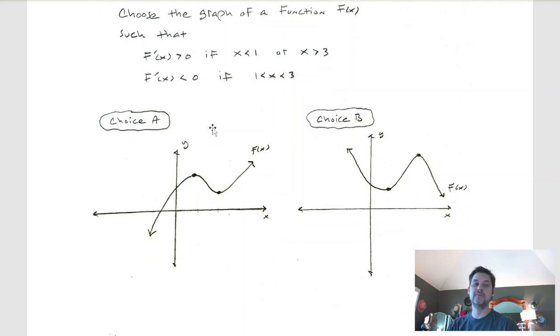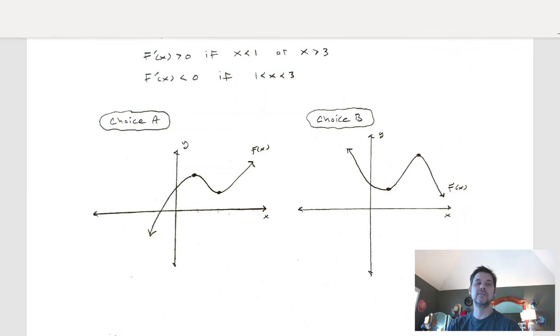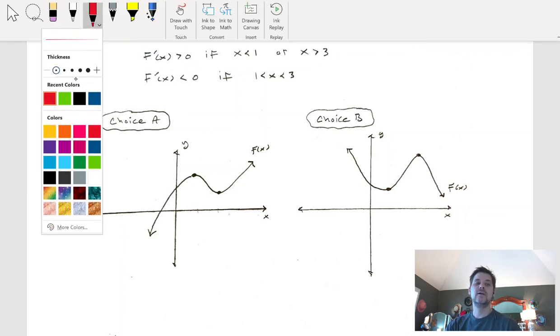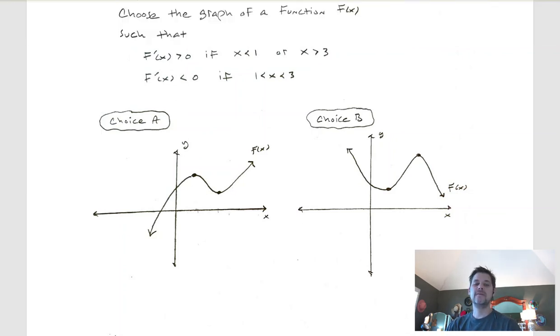And I forgot to include something on this graph, so hold on just a second. So let's say this right here is where x is 1, and then this is 3. See that point right there? That's x is 1, and this point right there is 3. So this is 1 for x, 3 for x, 1 for x, 3 for x. Okay, how can we figure that out?